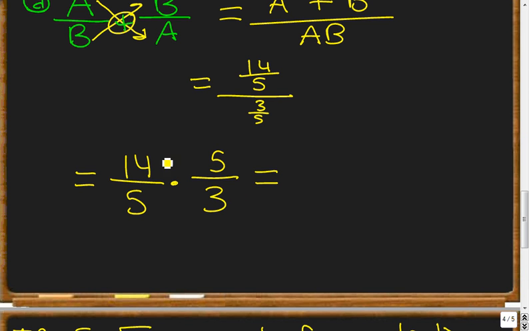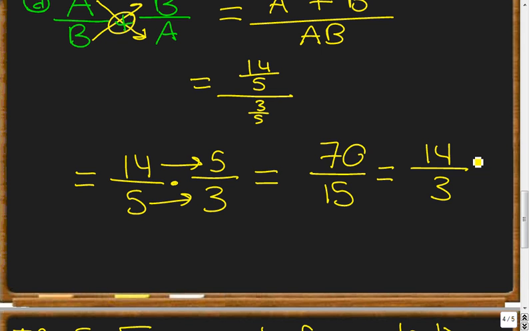Now, multiplying fractions is great because you can multiply straight across. You could go ahead and do this, and that would give you 70 over 15, which is the same thing as 14 over 3.